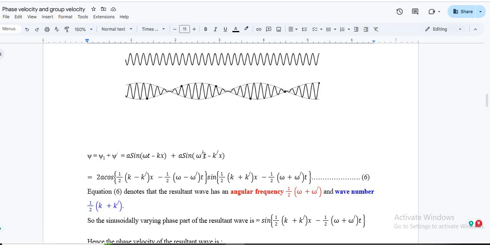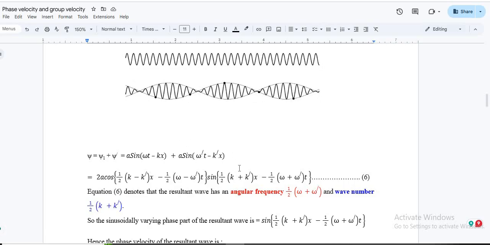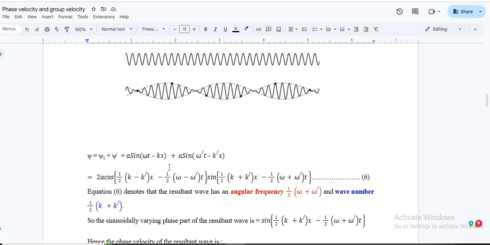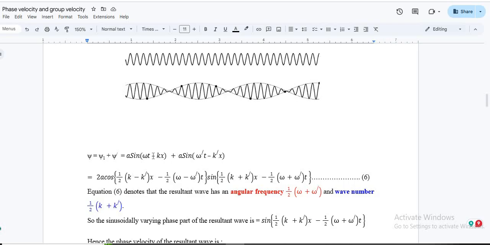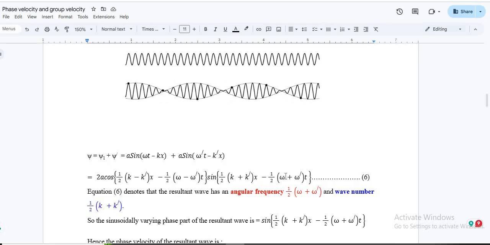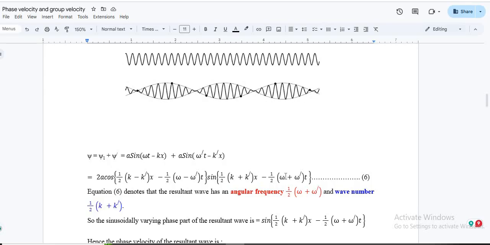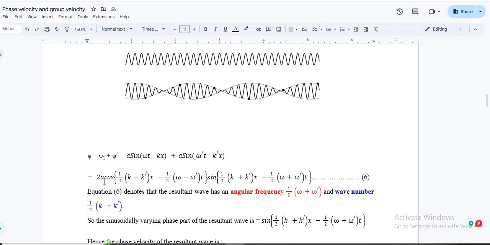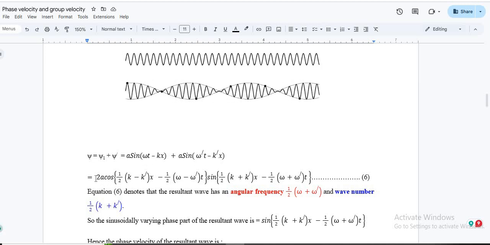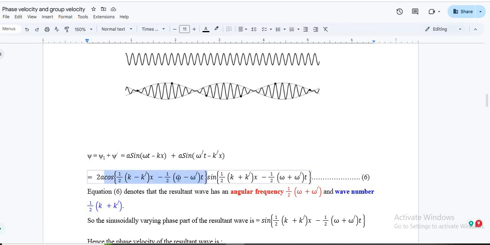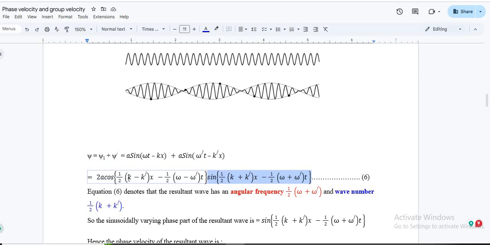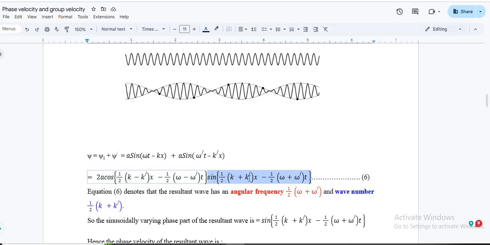When you have sin C plus sin D, you can represent it by 2 sin of (C + D)/2 times cos of (C − D)/2. So, 2a, the amplitude is constant, 2a cos of the difference term and sin of the sum term.